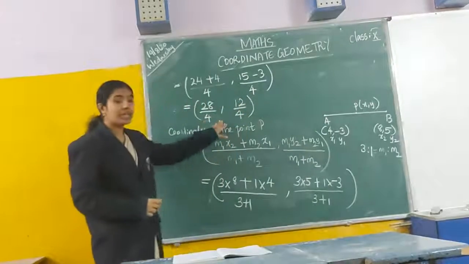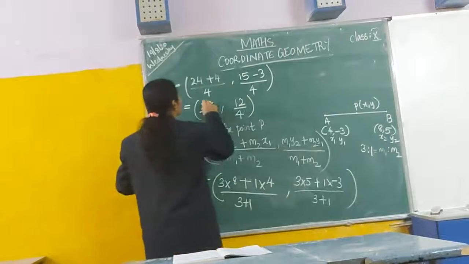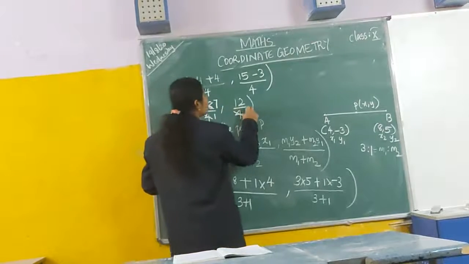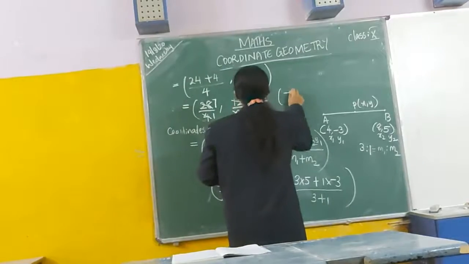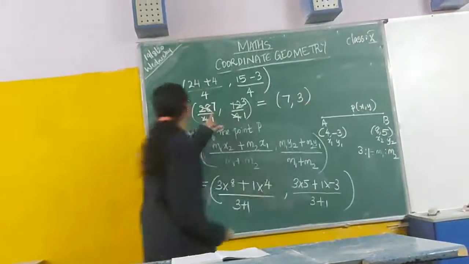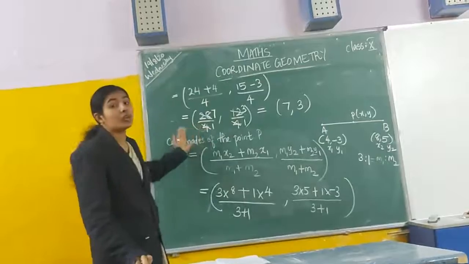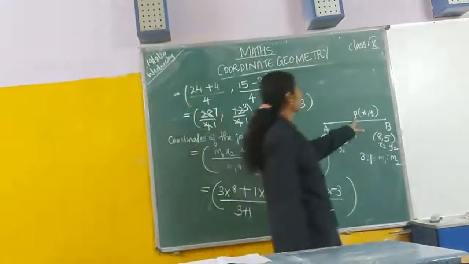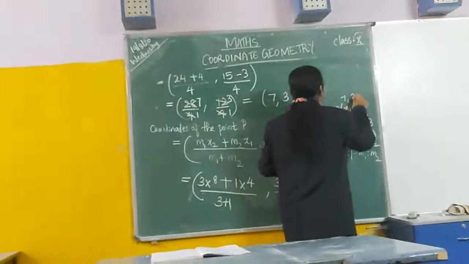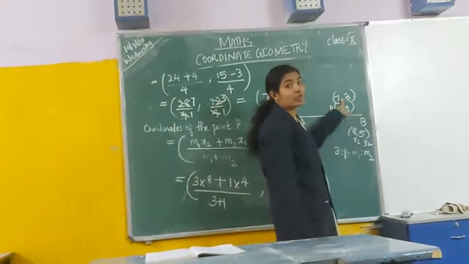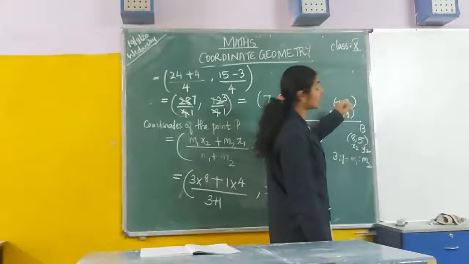Here you can do the cancellation. 4 1s are 4, 7s are 28. Here 4 1s are 4, 3s are 12. So what will be the final answer? 7, 3. So what will be the coordinate of this point P? That is (7, 3). X coordinate of the point is 7 and y coordinate is 3.